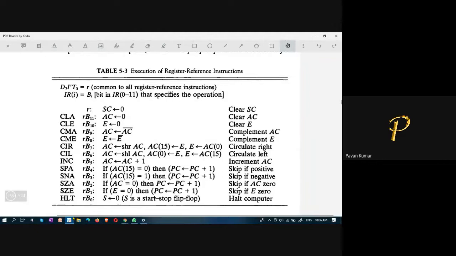T is the time slot. Very good. So T3 is the final stage of one recurrence.